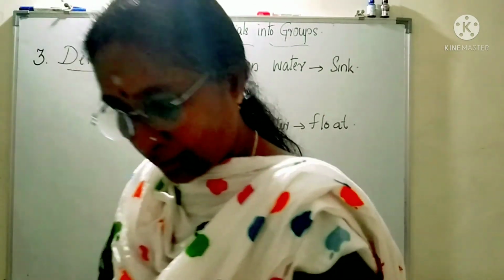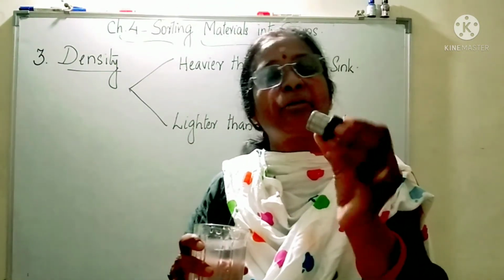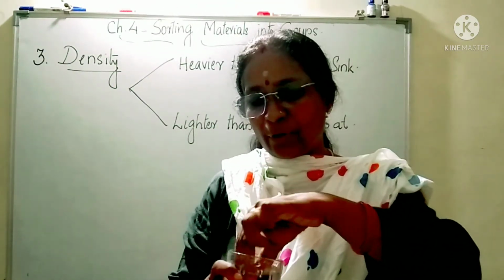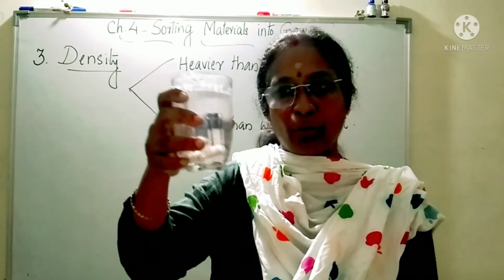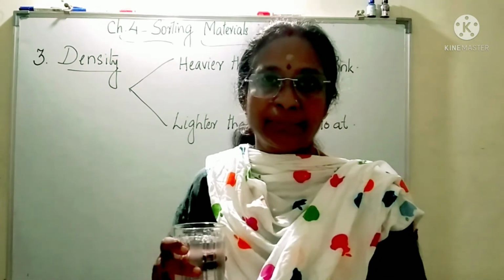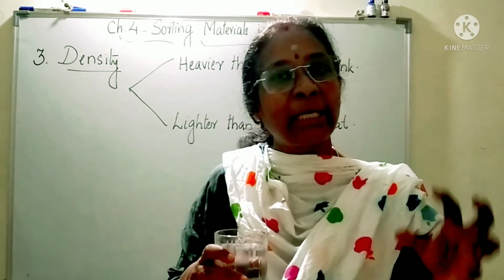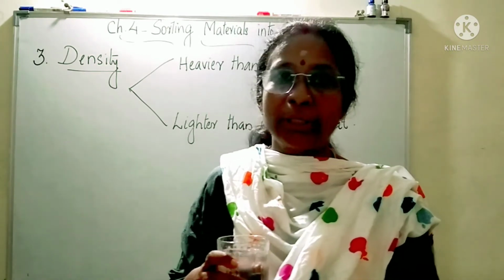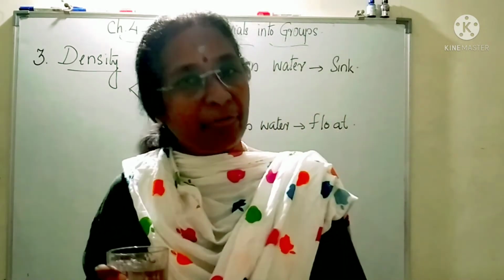Now, this is a metallic part, a cooker's whistle. It is very heavy, so it has gone down. All these things are heavier than water. If they are heavier than water, that means their density is more than water, so they sink in water.